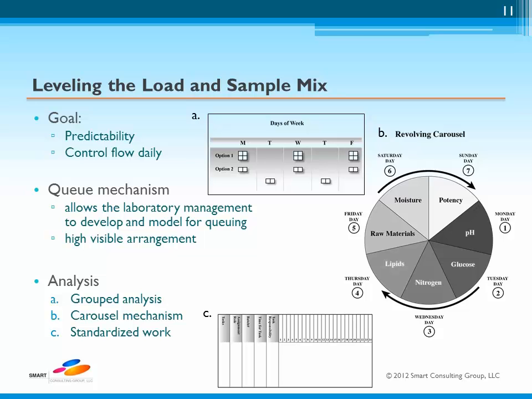So these benefits are profound, but if the sample workload is always going to vary, a mechanism is still going to be required which will control the analysis flow at the lab to prevent either a backlog or chaos. To solve this problem, the first is a queuing mechanism.